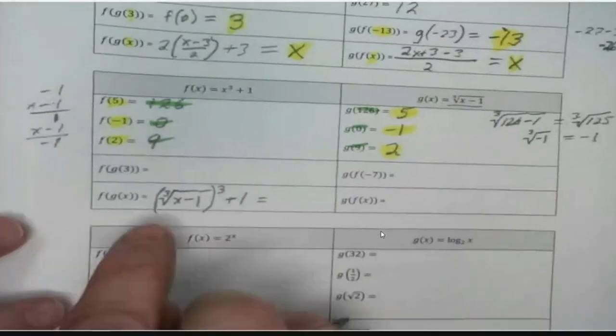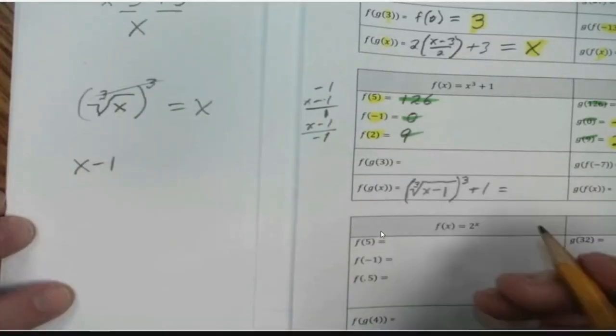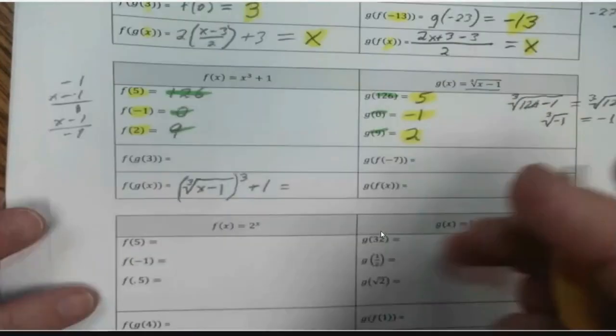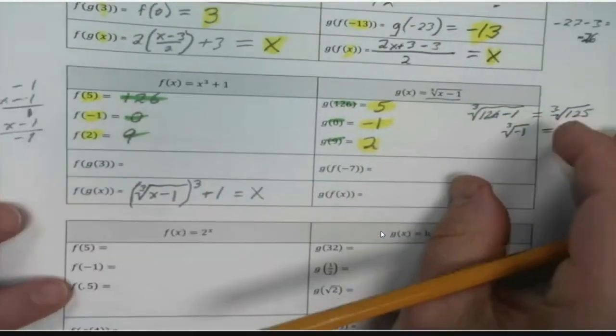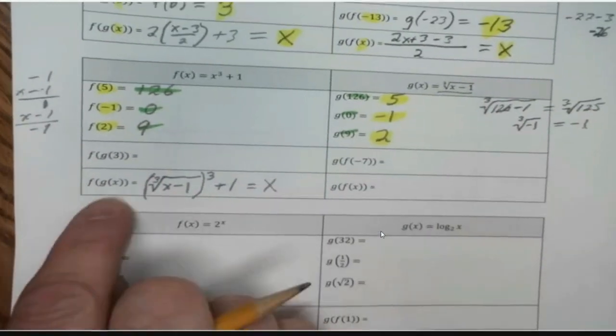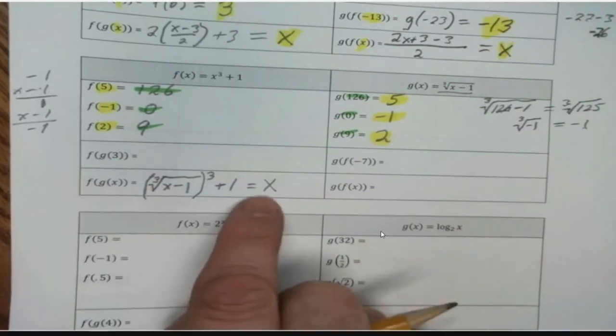So in this case, it would just be x minus 1, and then we got a plus 1. So when you substitute g of x into f of x, you get x.